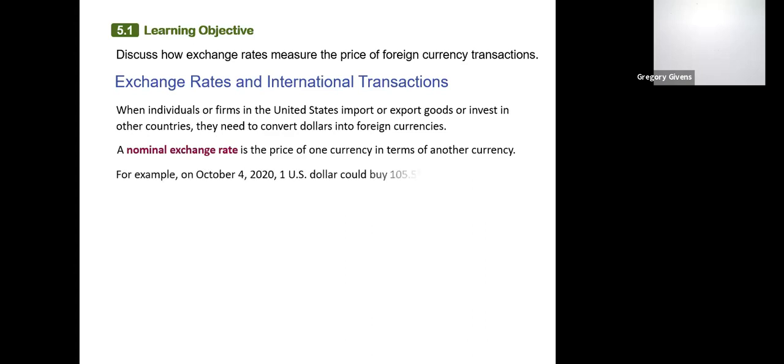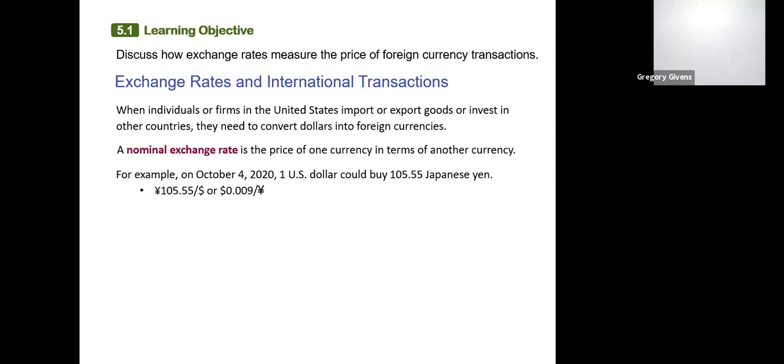Okay, so let me just give you a straightforward example. This weekend when I was revising the slides for this section, I went out and looked at actual exchange rate data between the United States and the Japanese yen. So on October 4th, 2020, one US dollar could purchase 105.55 Japanese yen, okay? So that's how we represent the nominal exchange rate in this example.